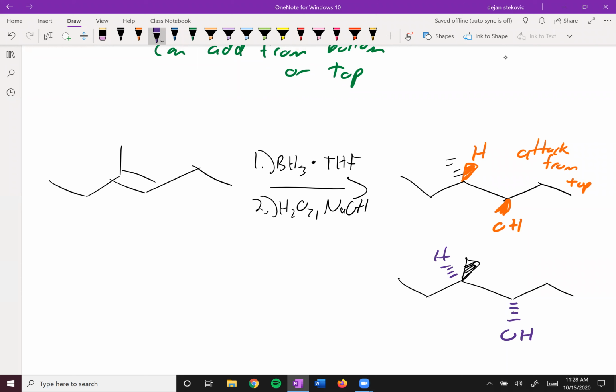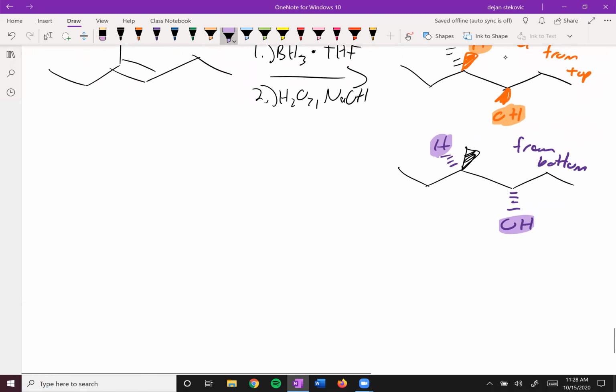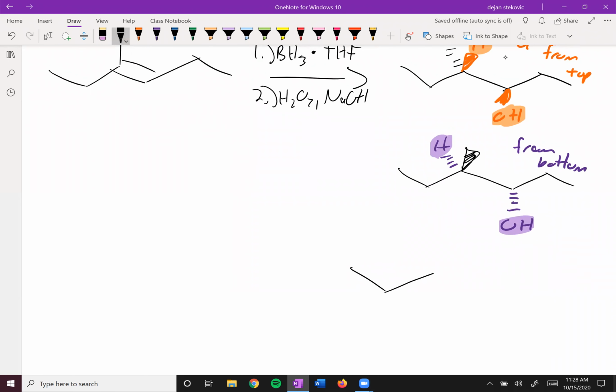Then we'll get this product. But you notice, again, we are adding the hydrogen and the alcohol syn to one another, right, on the same side of one another. And again, we do not get any case in which we have anti-addition.